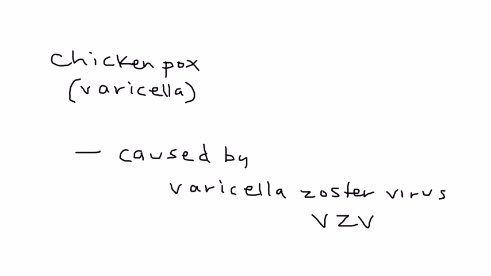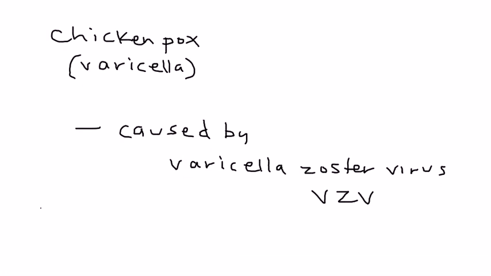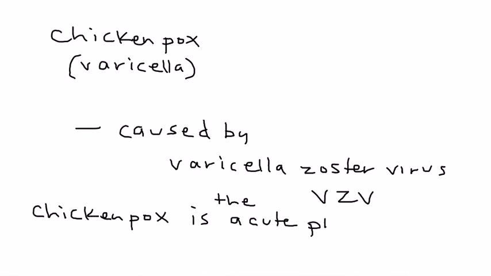Now, what's important to remember to avoid confusion is that chickenpox is what happens in the acute phase of this virus. Later on, maybe sometimes years later, you get a condition known as shingles, which is also known as herpes zoster.